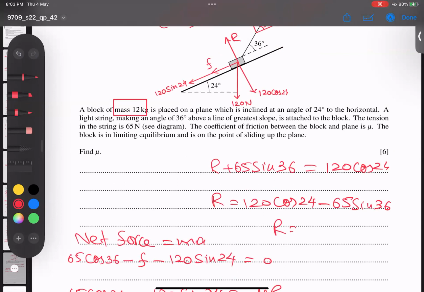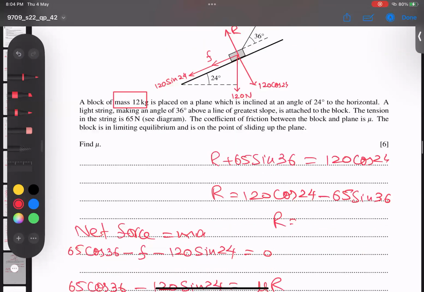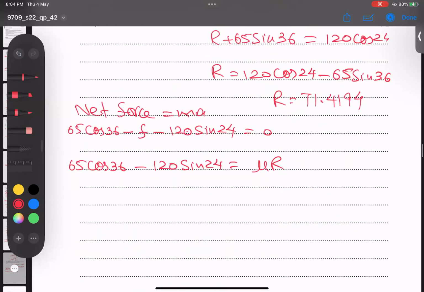Let's find it; he did not ask for the exact value. So 120 times cos 24 minus 65 times sine 36. Let me recheck. Yes, exactly correct. And my answer is 71.4194. Always write more than 1 dp, because it gives a more accurate answer. So I take four dps here, and this R value I am going to plug in here, and then I will solve easily.